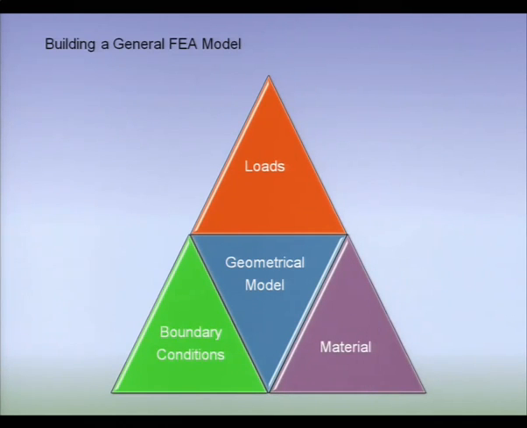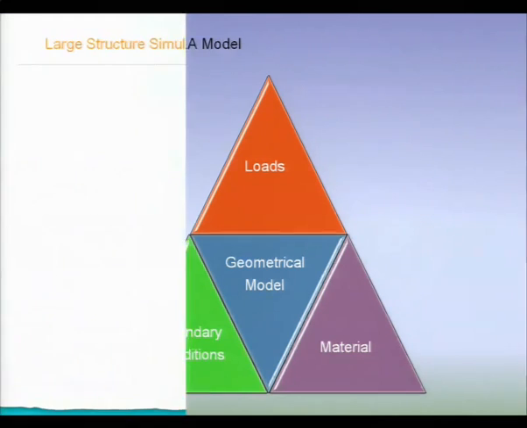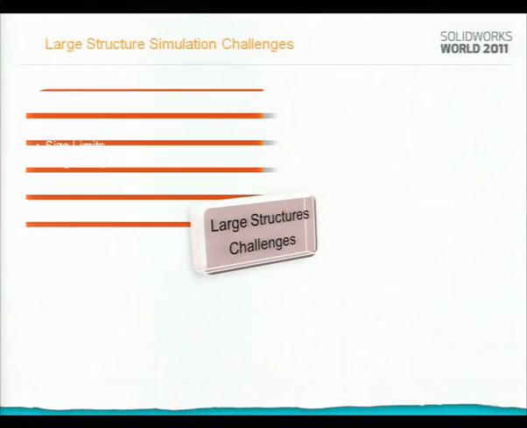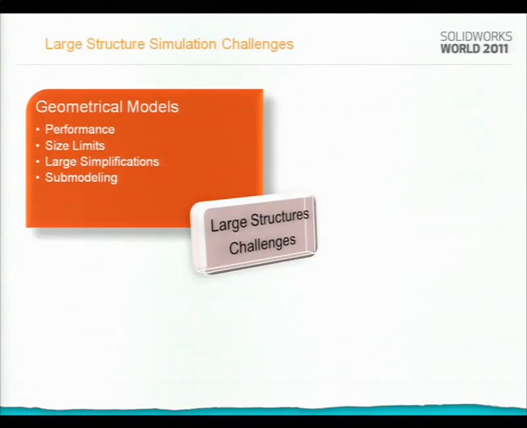Those four components will produce challenges in large structure. We have those components in every finite element model, right? But for large structure, we have different challenges. And I think they are more difficult than, for example, when we analyze a machine.